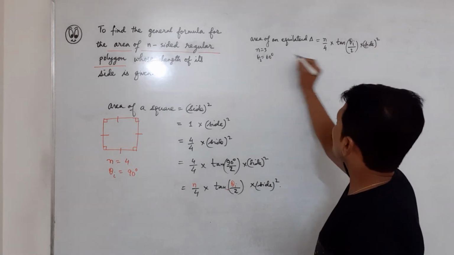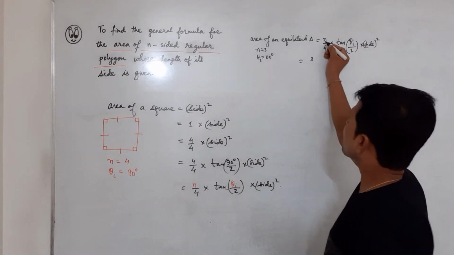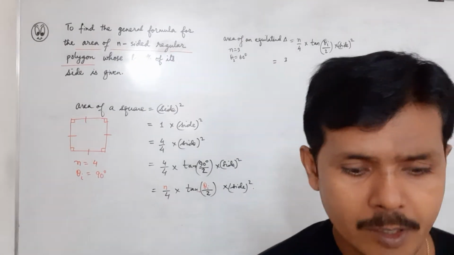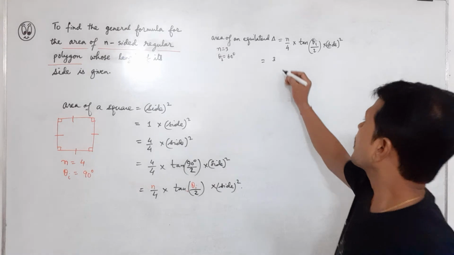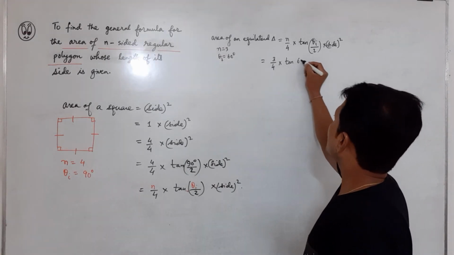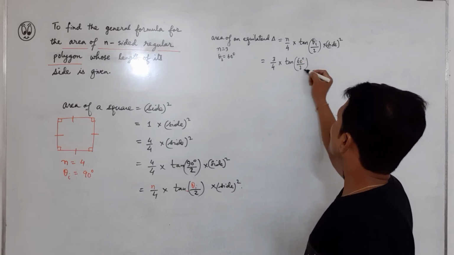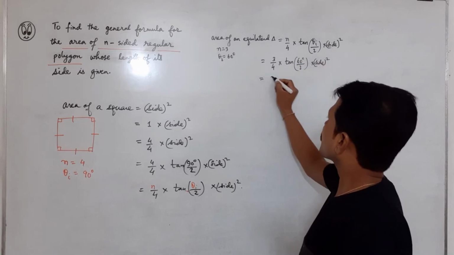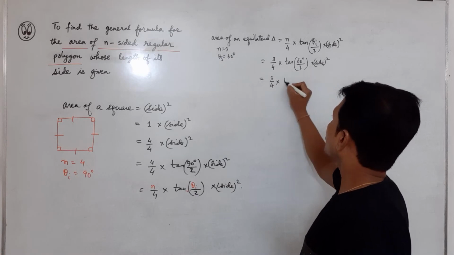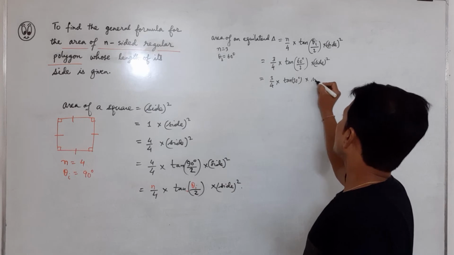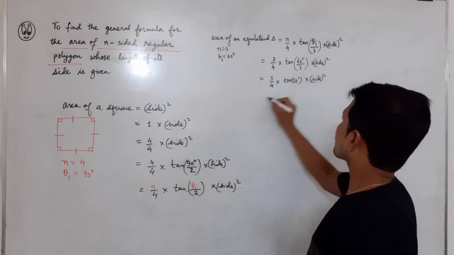Now, what is n over here? 3. See, I have plugged the value 3 over there in place of n. Got it clear? Next, 3 divided by 4, tan of 60 degree divided by 2, into side square. So 3 upon 4 into tan of 30 degree into side square.